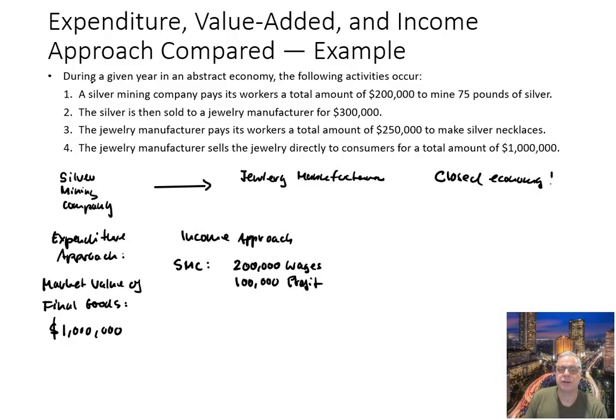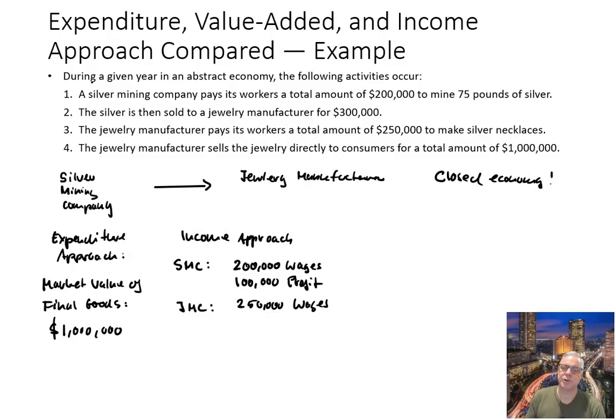Then the jewelry manufacturer pays its workers a total amount of 250,000. So the jewelry manufacturing company, JMC, 250,000 in wages, to make necklaces.